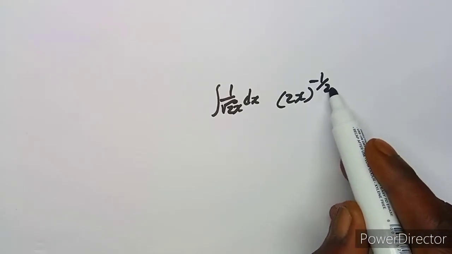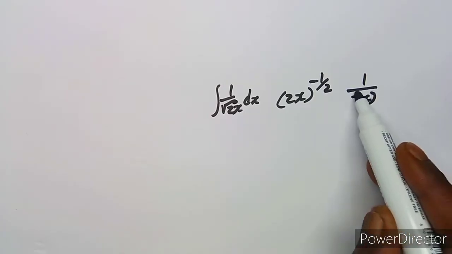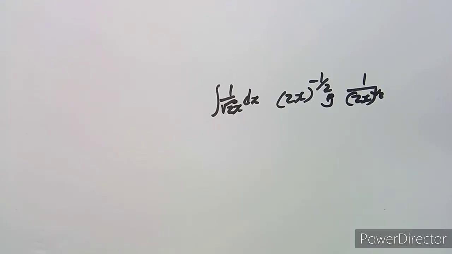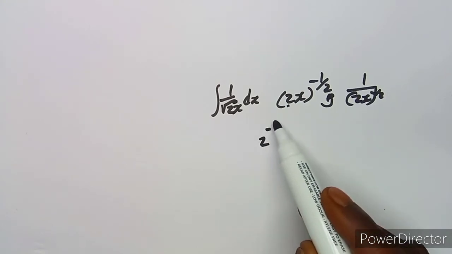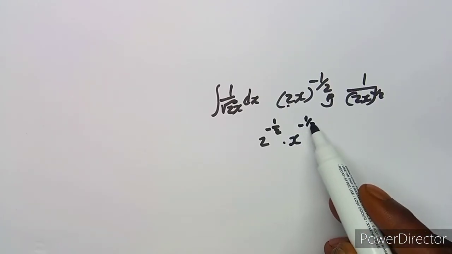Of negative half from the square root, because it will be like this: 1 over 2x to the exponent of a half. Then when you write it on top, it is going to have a negative like that, which means this actually means 2 to the exponent of negative half by x to the exponent of a negative half.